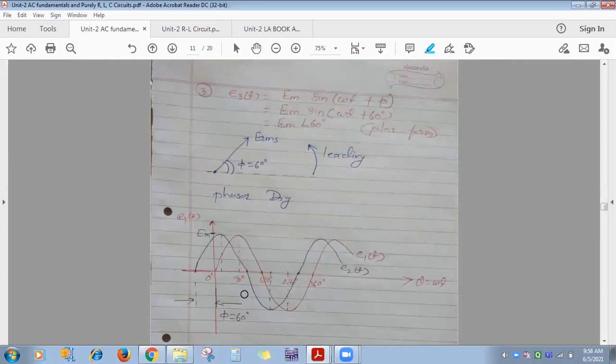So how you have to represent the E3 waveform: at 30 degree, this one is 30 degree. This line is at 30 degree. So at 30 degree, first positive peak will occur of E3T waveform. Here by mistake I have written E2T, here it must be E3T.